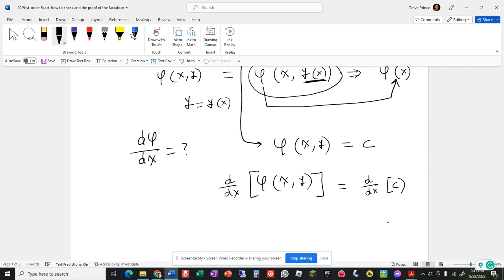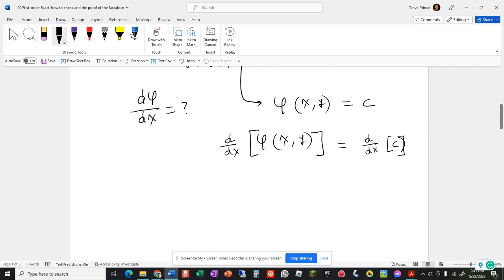Again, on the left hand side, we're thinking of phi as a function of x only, and my y is itself a function of x. So my y is actually y of x. So in that sense, phi is a function of x. So we're using d notation instead of delta. But to figure this one out, that's actually a chain rule for the multivariable function.